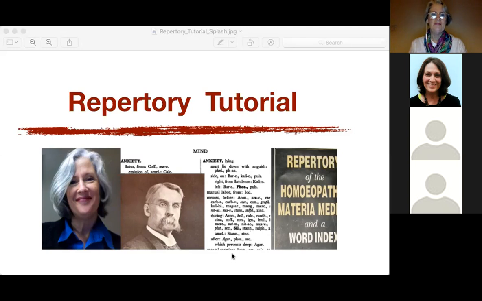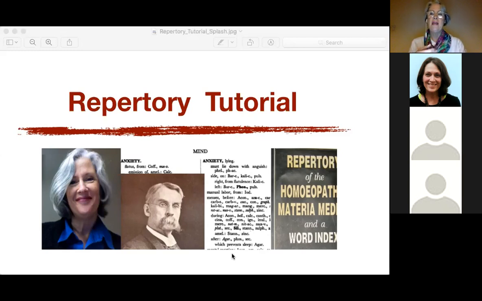All right. So here's Hahnemann. Hahnemann started out with an experience. He had been reading a book that he was translating that was saying, I think the reason why this medicine is good for this thing is because of its astringent properties.